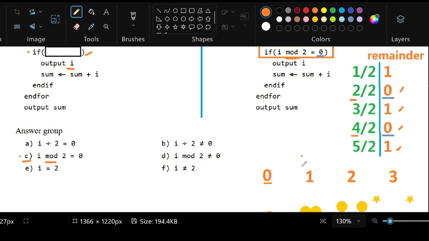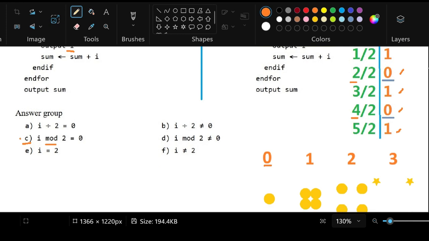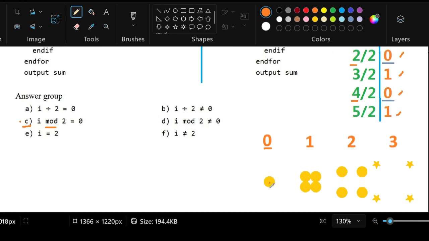So 0 mod 4, 1 mod 4, 2 mod 4, 3 mod 4, okay? So in the same way that we did the one where we want to get the even numbers, we are going to use mod 4 because what we want to do is to cycle through the animation frames, okay? So 0, 1, 2, 3, then go back to 0, 1, 2, 3.